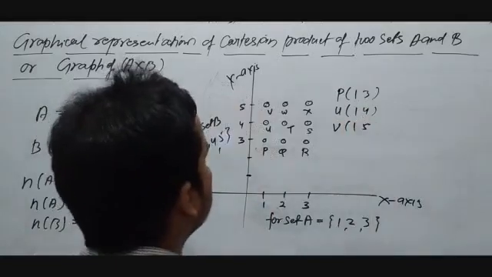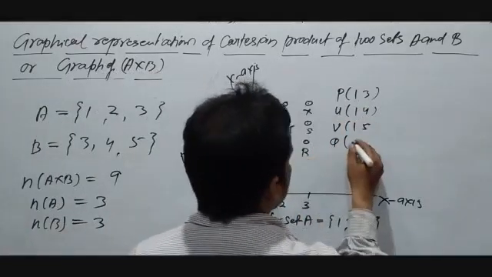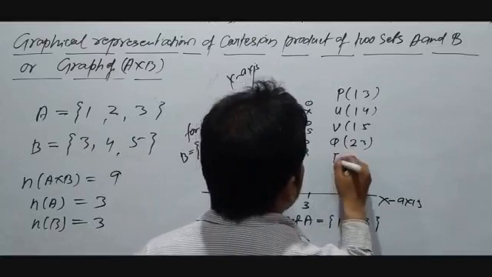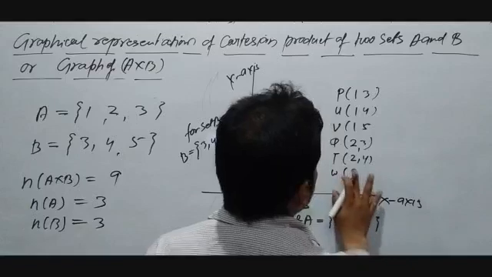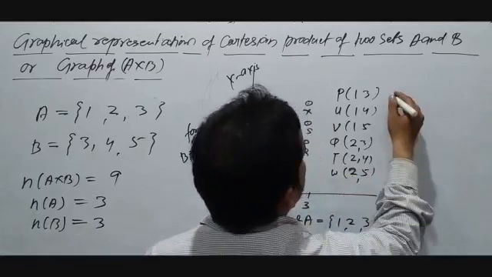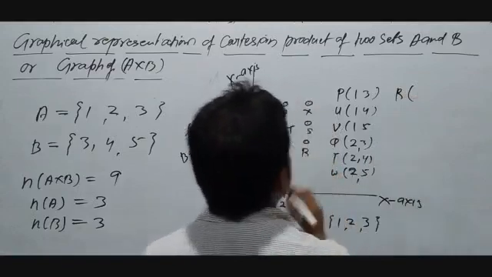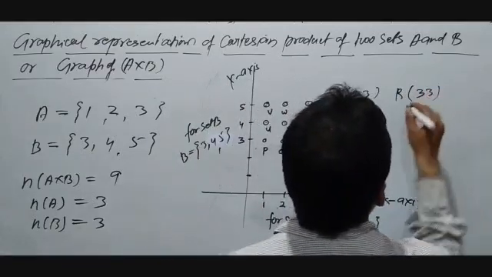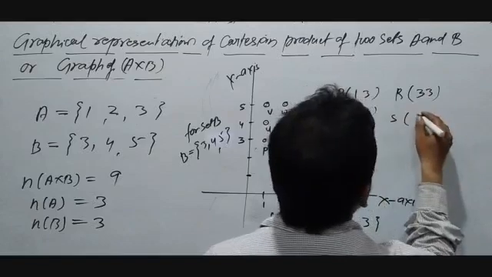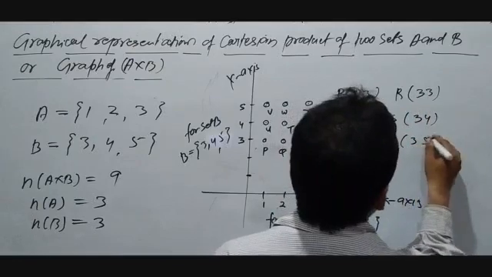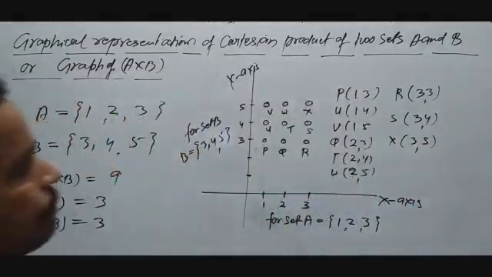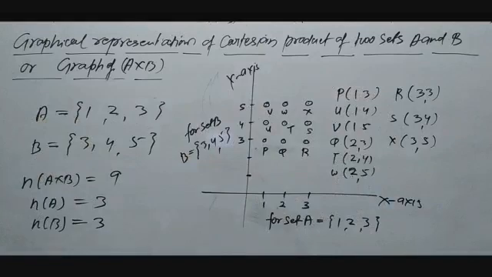Similarly Q is (2, 3), T is (2, 4), W is (2, 5). Similarly R is (3, 3) and S is (3, 4), X is (3, 5). Now this is the ordered pair. Now this topic is completed.